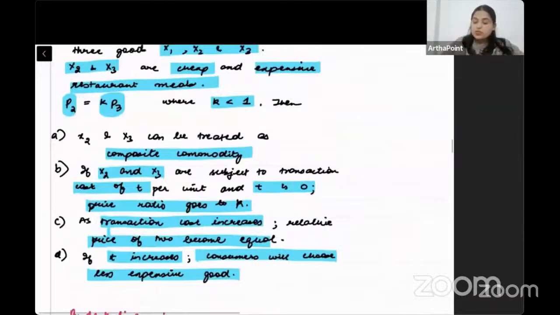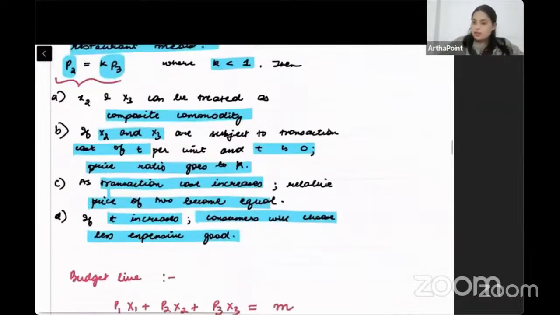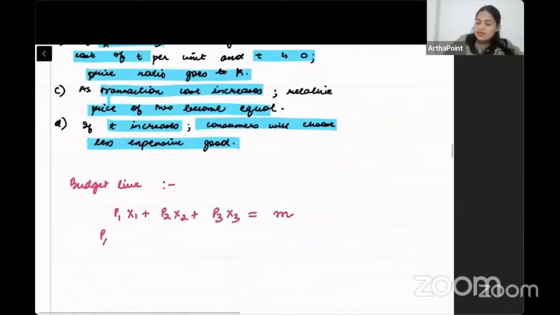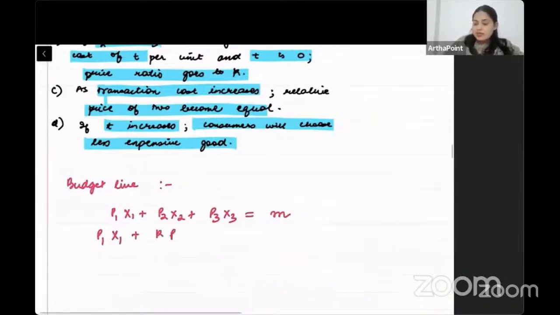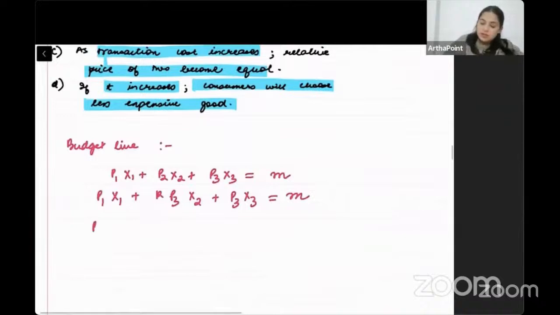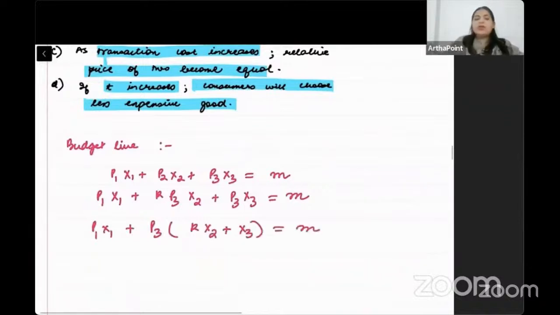It is given to me that P2 is K times P3. So can I rewrite this as P1 X1 plus K P3 X2 plus P3 X3 is equal to income? So I will get P1 X1 plus, taking P3 common, (K X2 plus X3) is equal to income.